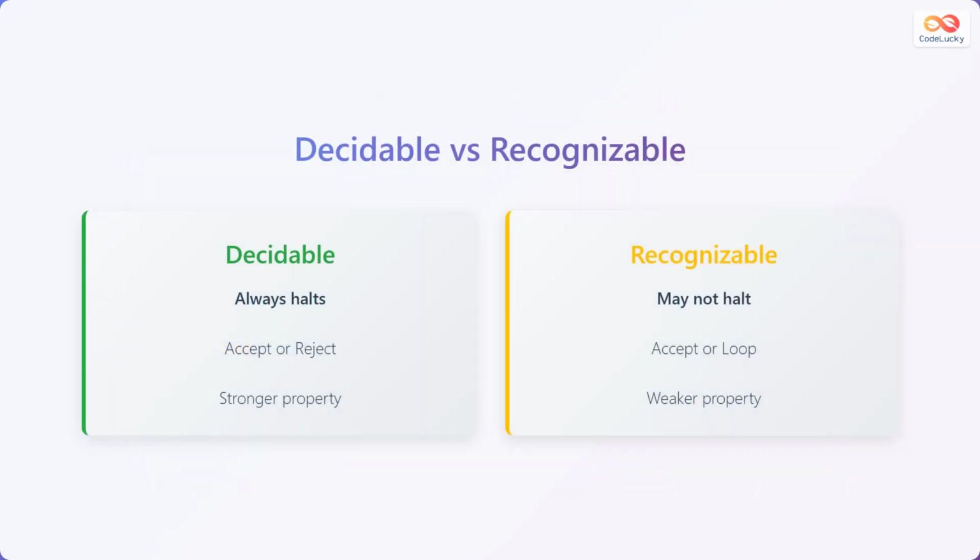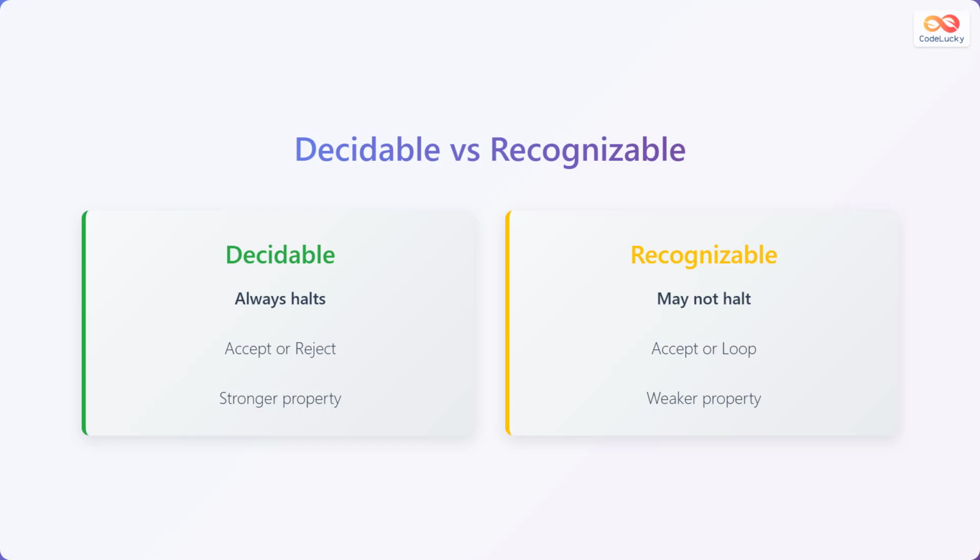Now, let's compare decidable languages with another type of language called recognizable languages. Decidable languages always halt, meaning they provide a definite yes or no answer. Recognizable languages, on the other hand, may not halt in all cases. They might enter a loop for certain input strings.